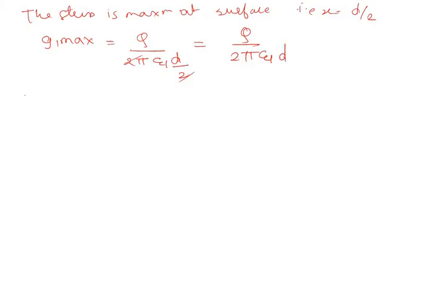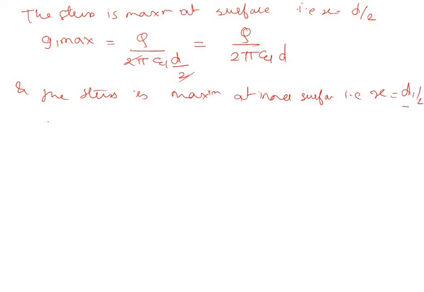And the stress is maximum at the inner surface, that is x is equal to d1 by 2. Now at d1 by 2 we calculate G2 max, which becomes q upon 2 pi epsilon 2 times d1 by 2, which is equal to q upon 2 pi epsilon 2 into d1.